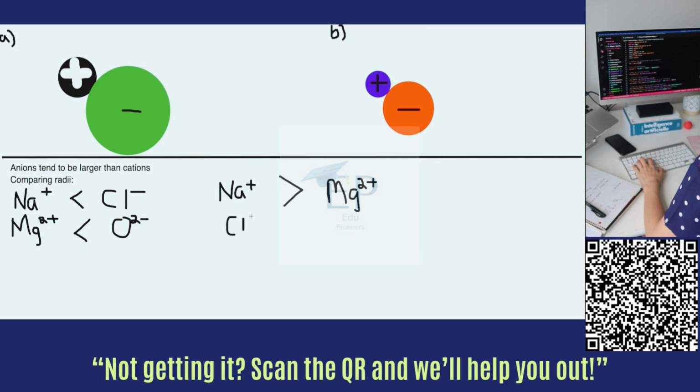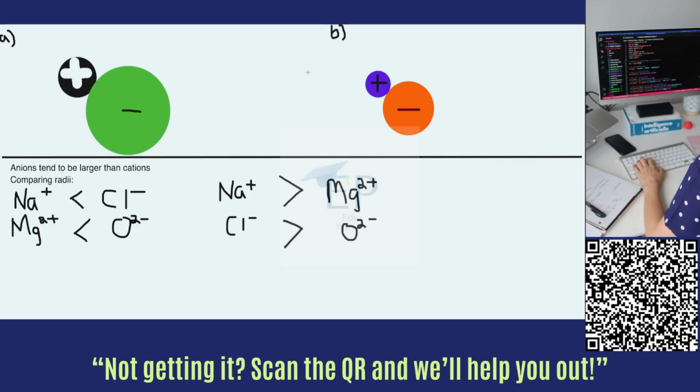Next, let's compare the anions. We are comparing chlorine to oxygen. This comparison is a bit easier to make. We know that chlorine has 3 energy levels, as we said before, and we know that oxygen has 2. Therefore, chlorine must be larger. So now we know that sodium and chlorine have larger atomic radii than magnesium and oxygen.